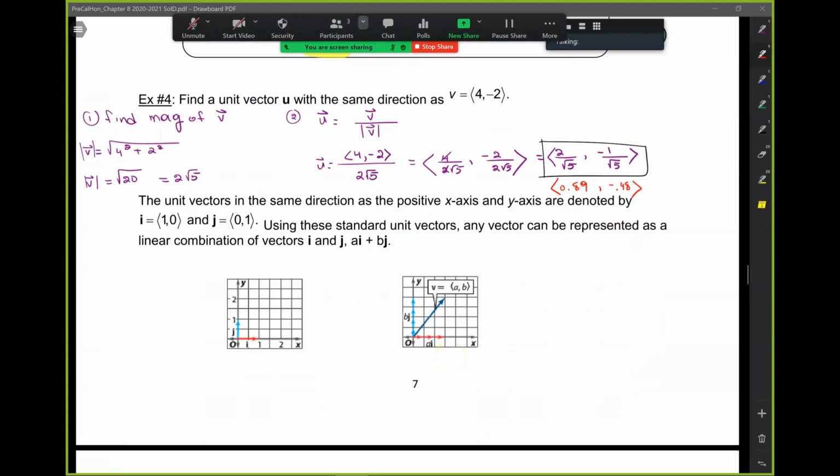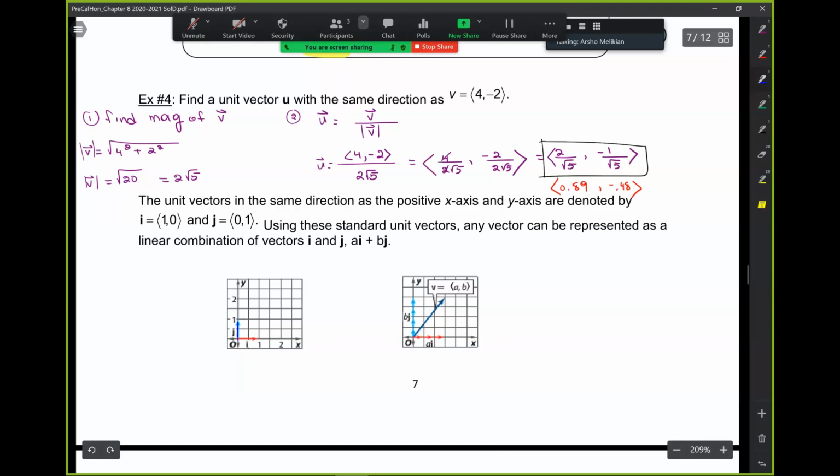Not bad. So now that we have some unit vectors, I can have a unit vector pointing in any direction. But you guys are beginning to get the idea now that when vectors are pointing totally vertically and horizontally, those are the preferred vectors. Look at this.